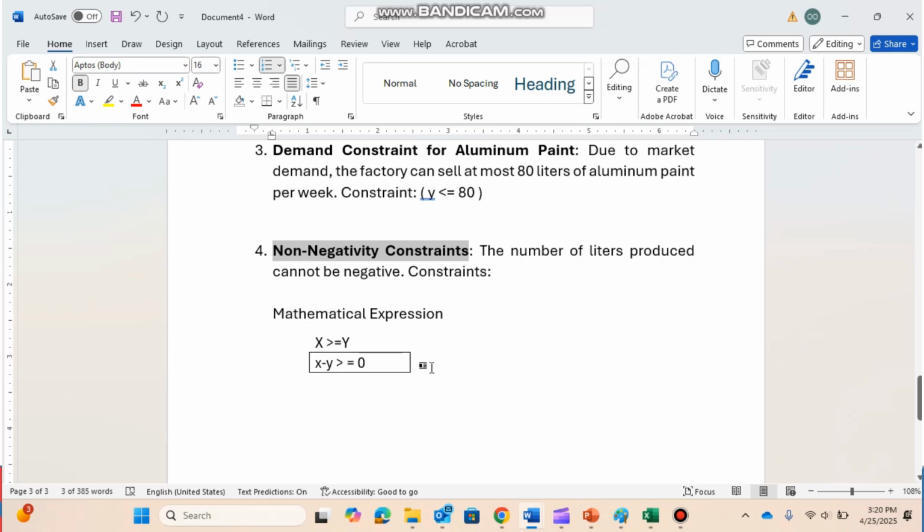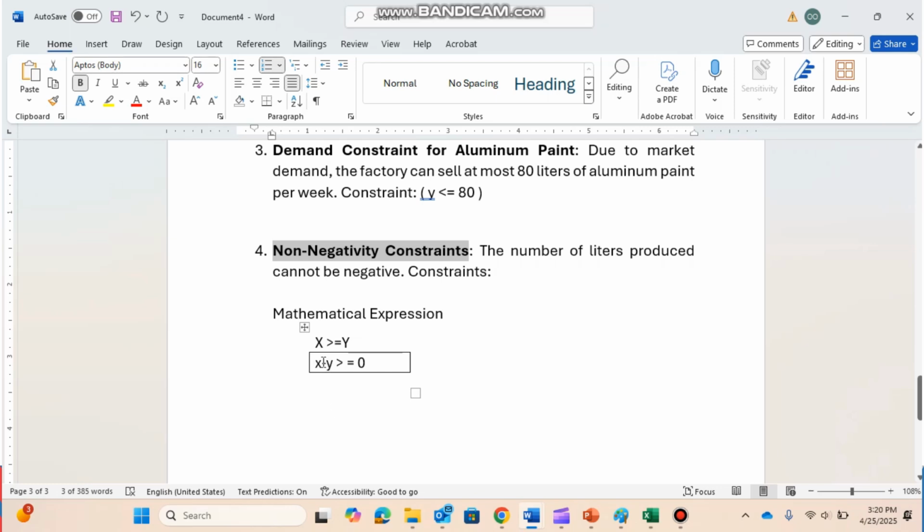So whatever the variable is, it cannot be negative. It's important you include this in your constraint table.